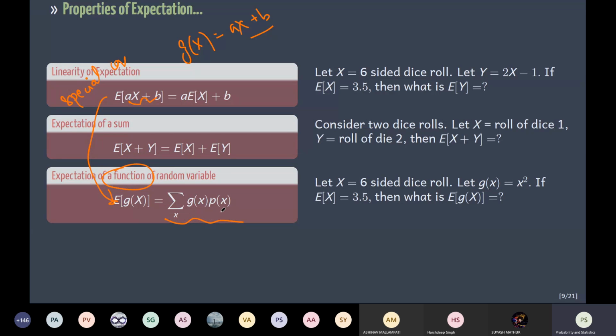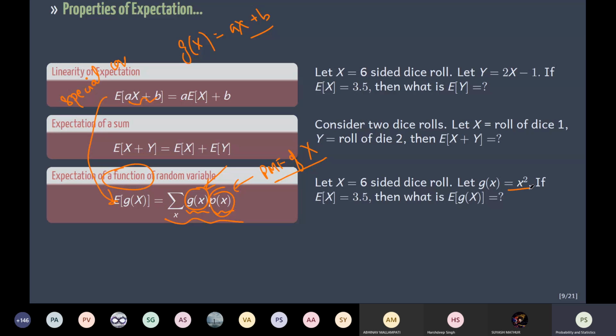It is defined as the sum of g of x times p of x. The g of x is just the function value, not the PMF you're thinking of. This is the PMF of the random variable x, and this is just the function that we will evaluate for x.